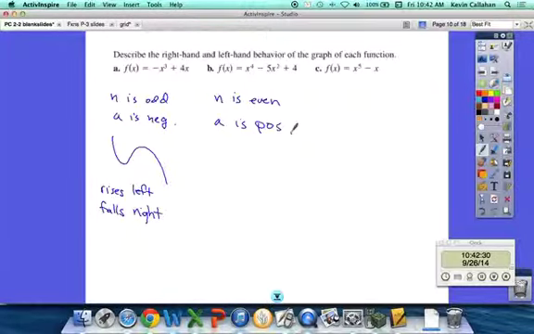It's a 4th degree, so we kind of know the shape of it, but if it said x to the 100th, you could just draw yourself a 4th degree or a parabola and use that. It's going to be the same. Even is the same, no matter what it is. I should put that on the test, x to the 100th. So it's going to look like that, and they're probably going to say it like this: rises to the left and right.